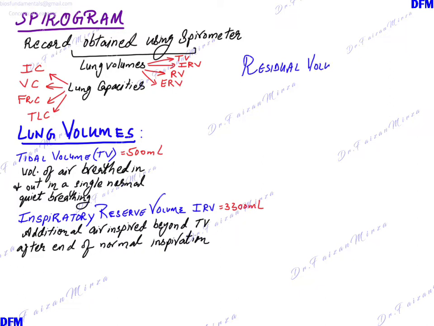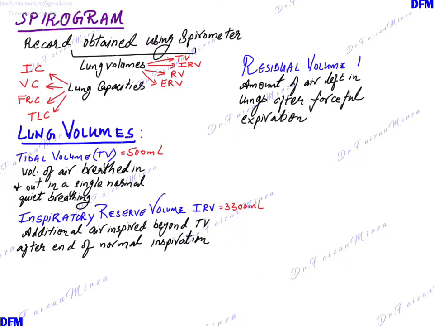Residual volume, abbreviated as RV, this is the amount of air left in lungs after a forceful exhalation. The amount of residual volume is 1000 ml. Expiratory reserve volume, abbreviated as ERV.